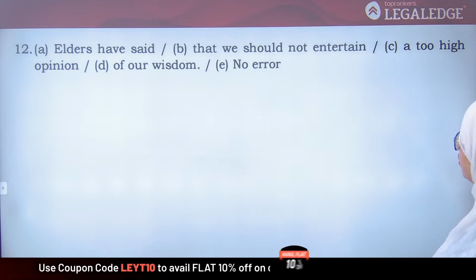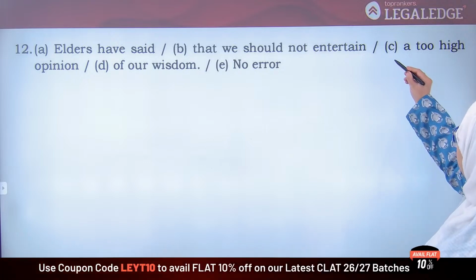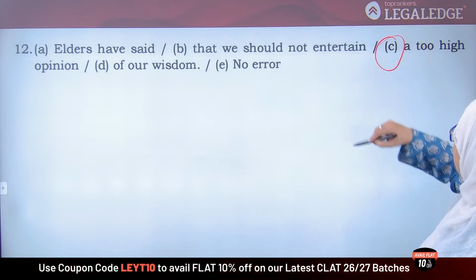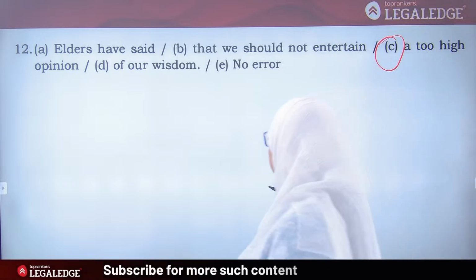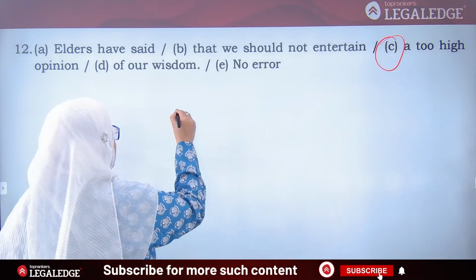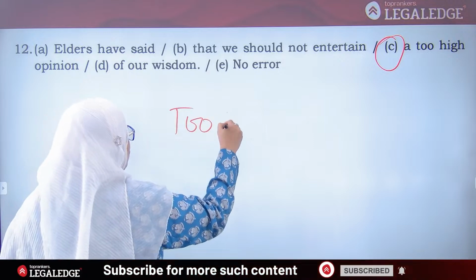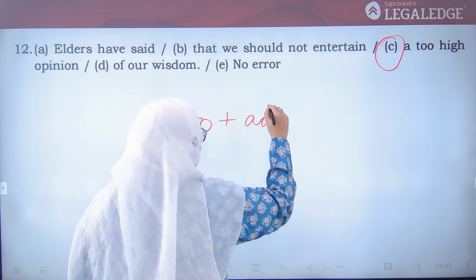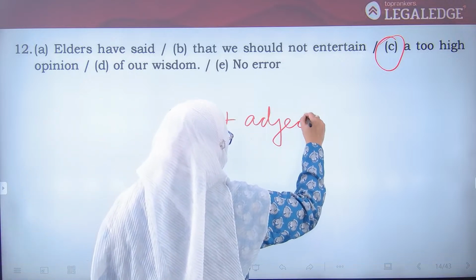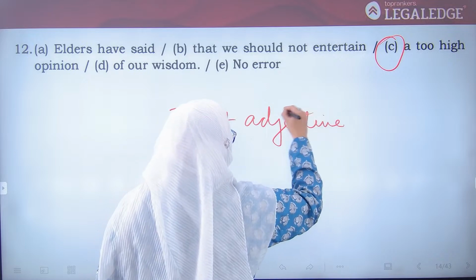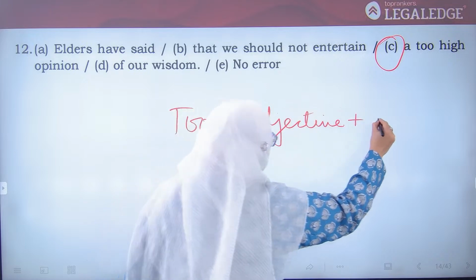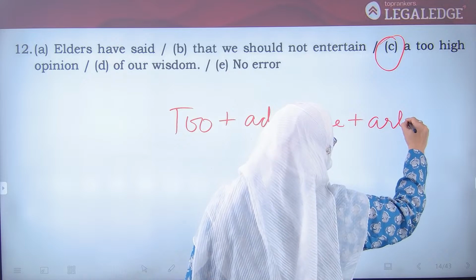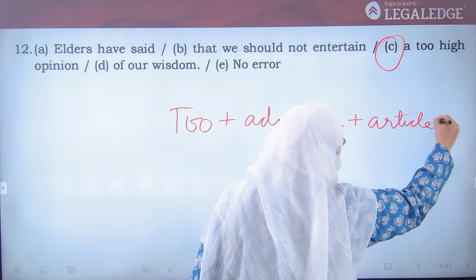All right. So students, here C is erroneous. There is an error of structure. Too plus adjective plus article plus noun.